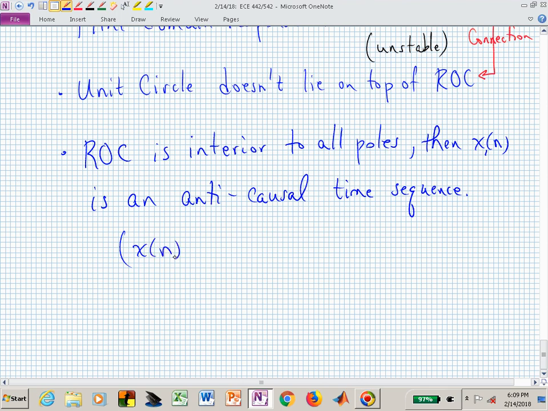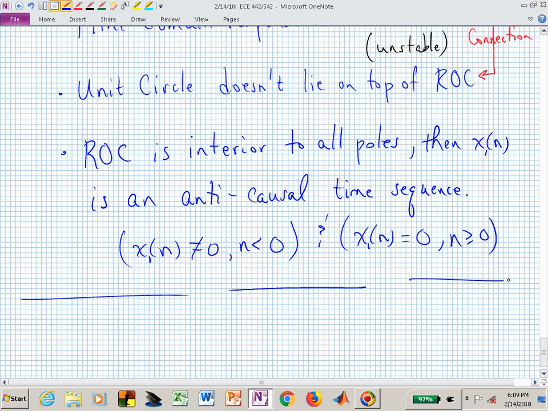So in this case, x sub 1 of n was not equal to 0 for negative values of n, and x sub 1 of n is equal to 0 for non-negative values of n. That's case 1.